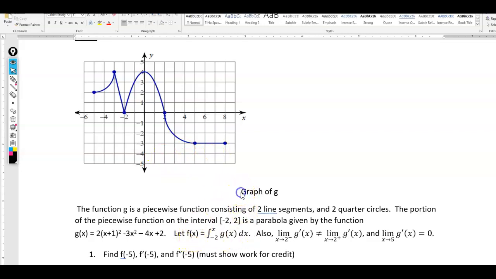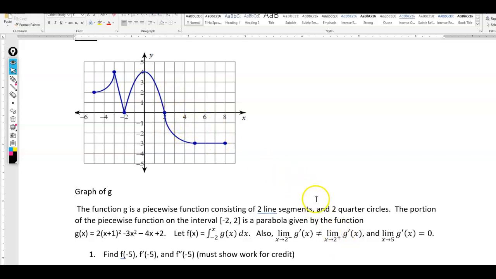Now, if we let f of x equal the integral of g with a lower limit of -2 and an upper limit of x, we also want to consider the limit of g prime of x as x approaches 2 from the left. In other words, the slope from the left of 2 is not equal to the slope from the right.